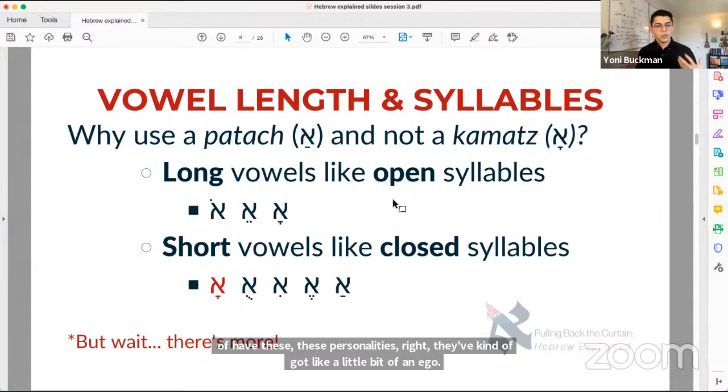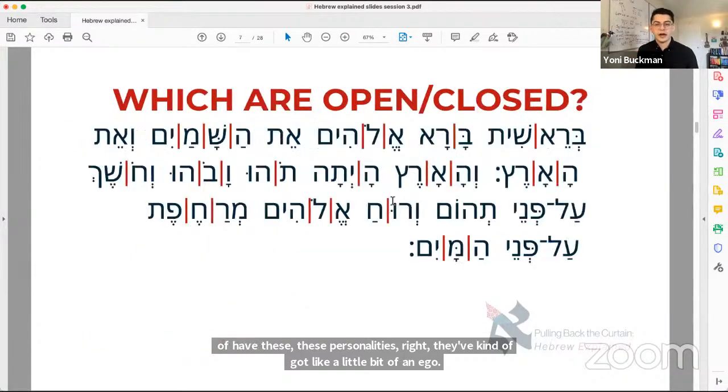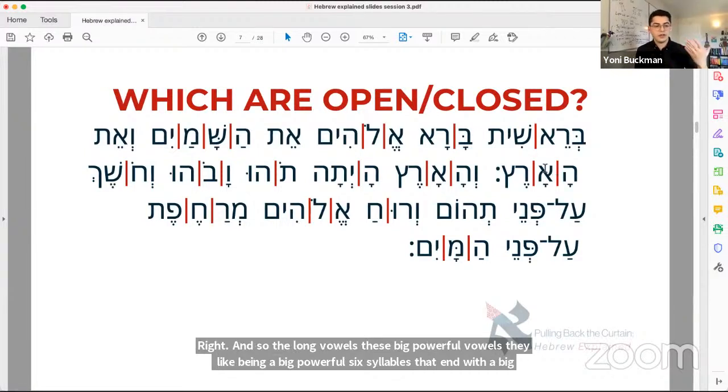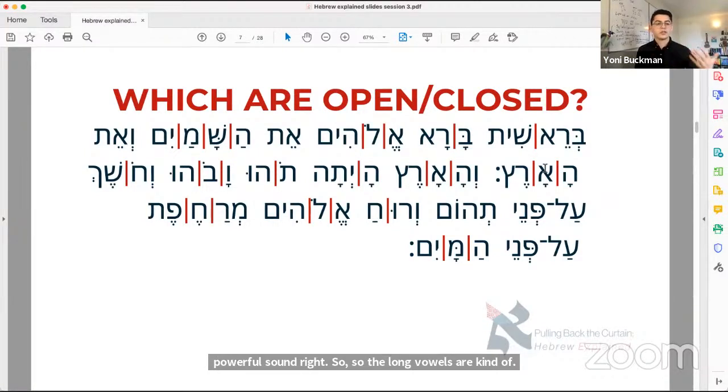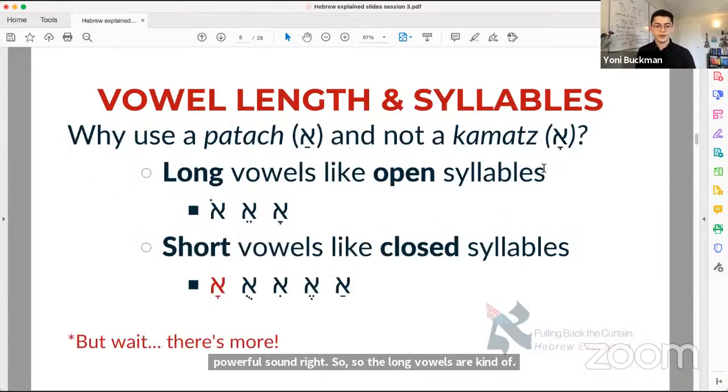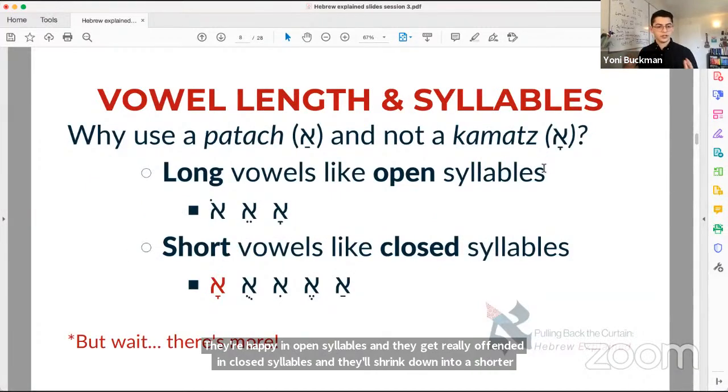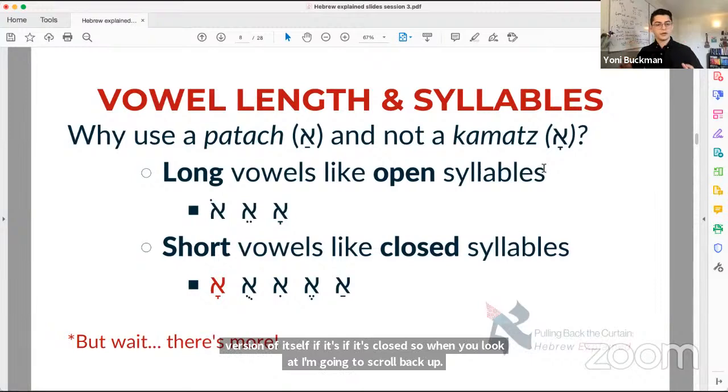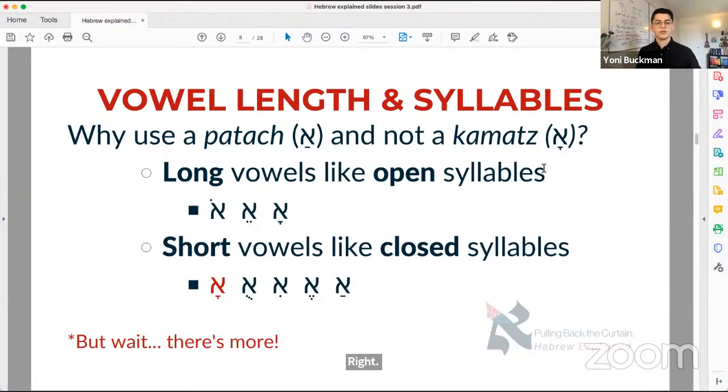When you look at this, I'm going to scroll back up, the length of the vowel corresponds to whether it's in an open or a closed syllable. I know we're moving fast here, I apologize, but that's just something to note. So long vowels like to be in open syllables, short vowels like to be in closed syllables.